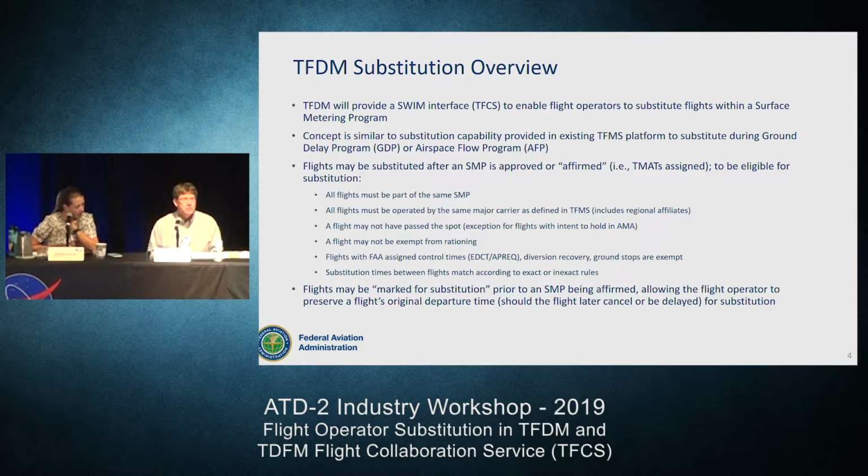TFMS is going to be how you do your flight plans, your flight modifies, reflecting how you do things now. For substitution and ramp closures, it's going to be the request reply service that you use for TFDM. So that TTP is just data coming out to you that you can read. It's a publication subscription, where this one is a request reply where you interact with it through TFCS in SWIM, not TFM. Is there still a freeze horizon associated with the substitutions?